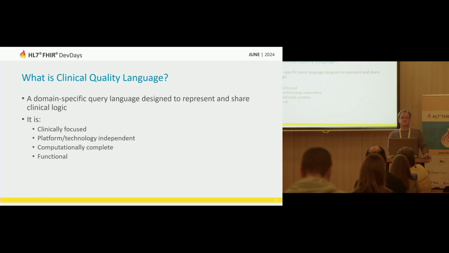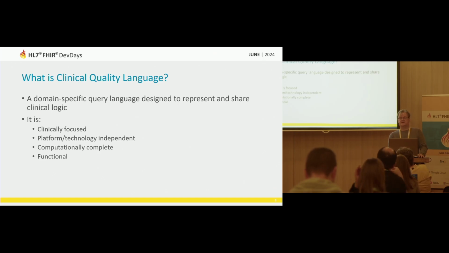So let's start with what is Clinical Quality Language. I'm assuming some familiarity with that. I see some familiar faces. I have a lot of slides here, so I'm going to go through some of them pretty quickly. But to level set, it's a domain-specific query language designed to represent and share clinical logic. It's clinically focused, so it's focusing on those logic problems that arise commonly in clinical logic, meaning that it has first-class elements for things like terminology and timing support.